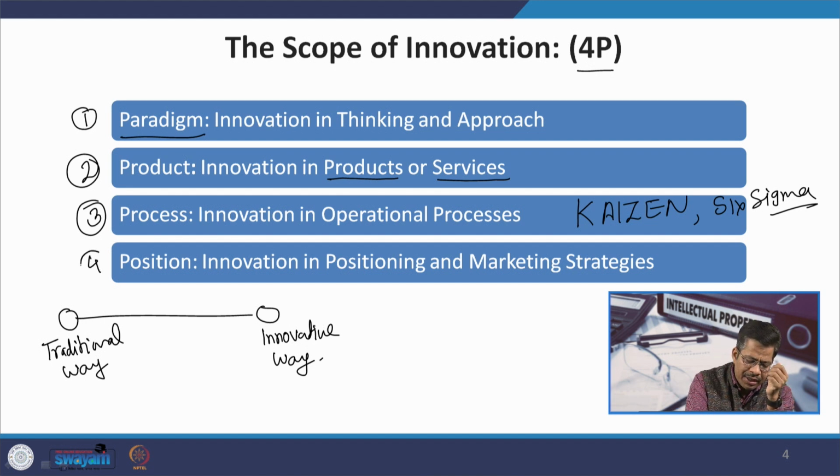And fourth P is related to position related innovation. Now, position means innovation in positioning and marketing strategies. Whenever we are trying to go for a new market development, whenever I am trying to attract a new customer. Now, for example, IITs and IIMs, we all used to offer only regular classroom programs.